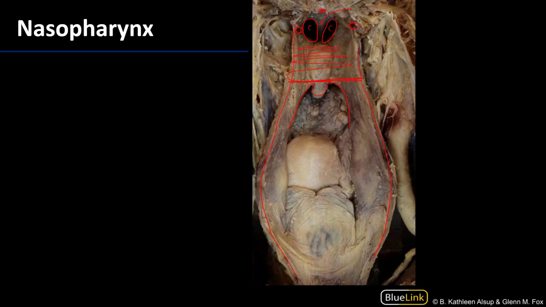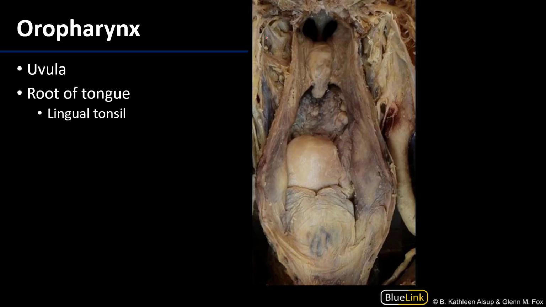Now, as we move below the level of the soft palate, so just to draw the line there, we've got our uvula. I can also see the root of the tongue, so I'll just outline that here. That looks really nice and rugose. And so this is the root of the tongue with the lingual tonsil.